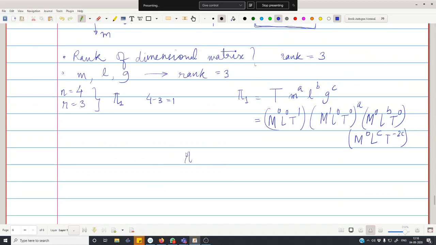Thus we have pi 1 equal to m to the power 0 plus A, L to the power 0 plus B minus C, T to the power 1 minus 2C. Let me not skip the step: 0 equal to 0 plus A, 0 equal to B minus C, 0 equal to 1 minus 2C. I can write this because each of the exponents has to be equal to 0. Thus A equal to 0, B equal to C, and C equal to half.